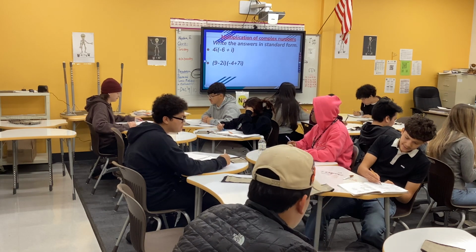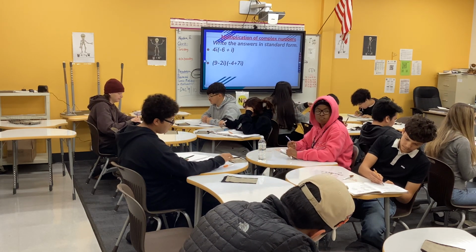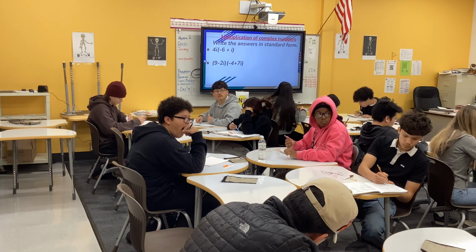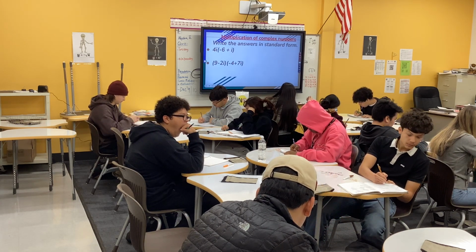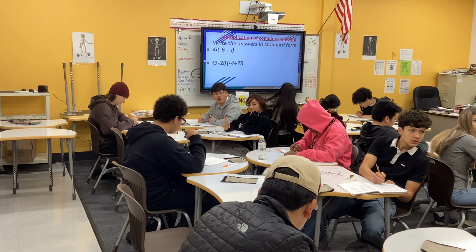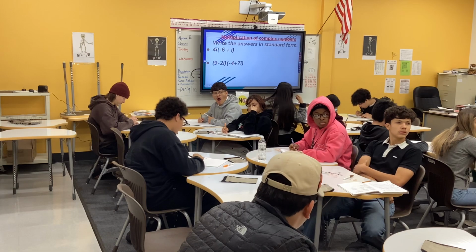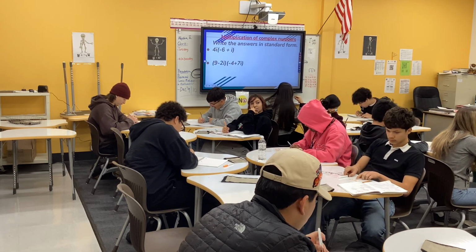Now, I need to distribute that. So that would give me 4 times -6. What would that give me? -24i. Fantastic. Well done, Giovanni.